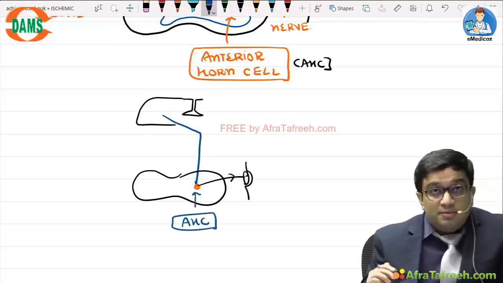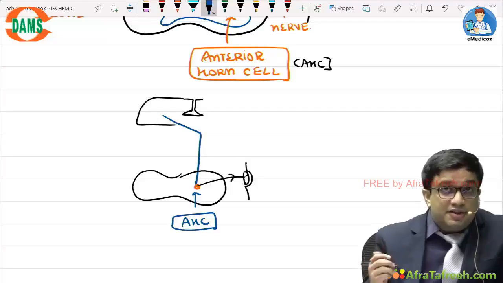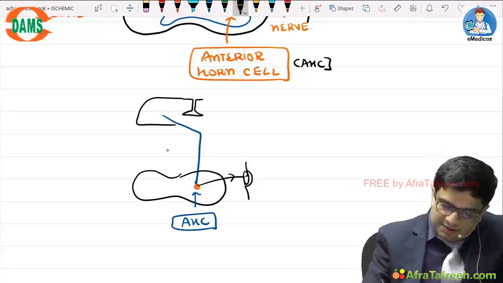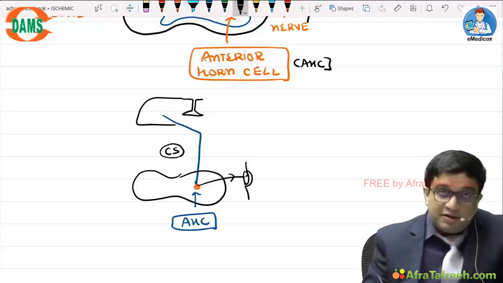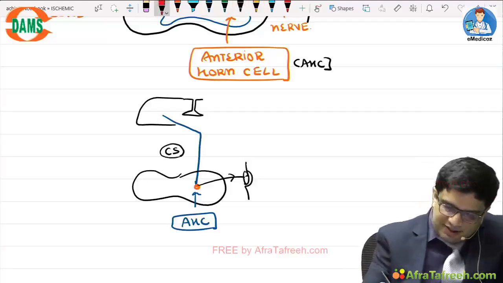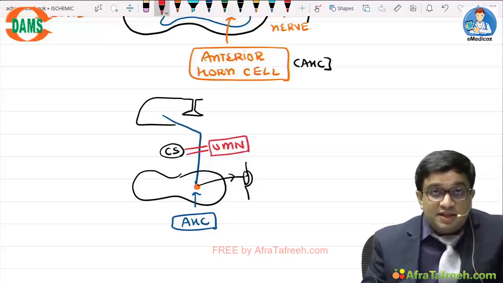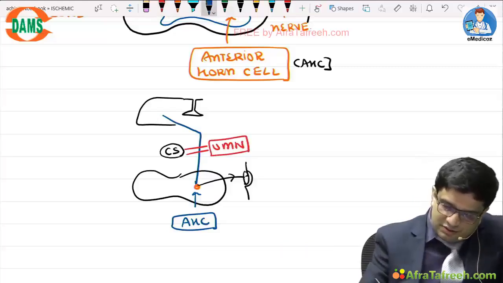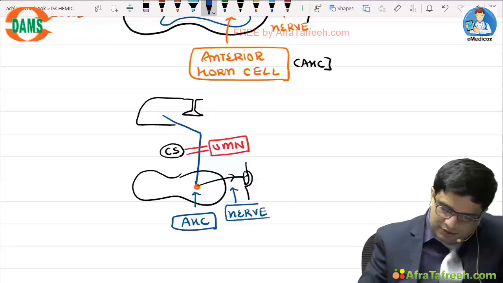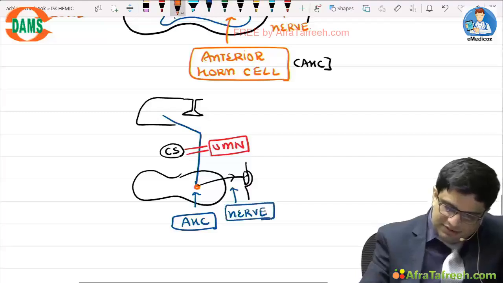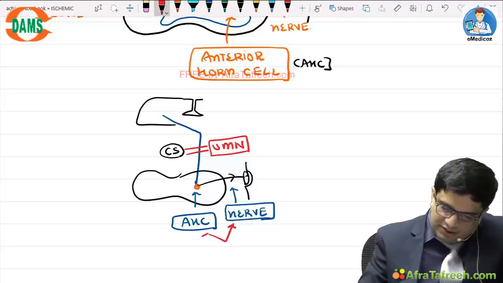Remember this, anything above the anterior horn cell, which is anatomically and technically the corticospinal tract, is classified under the heading of upper motor neuron or the UMN. Anything which lies in the anterior horn cell or the nerve together is classified under one roof as your LMN.